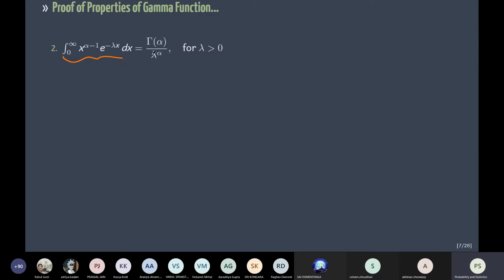So it seems like if we do a change of variable, like in the gamma function we had, gamma of alpha was the integral from 0 to infinity of x to the alpha minus 1 and e to the minus x dx. So this is the gamma function that we know.